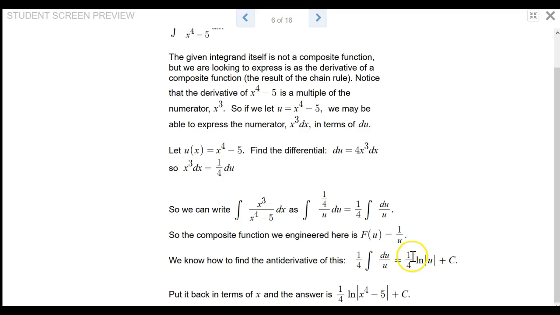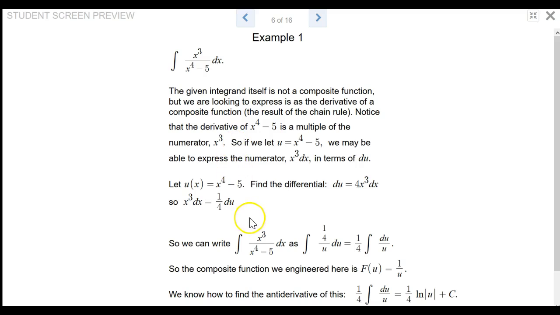That is 1/4 ln of u plus c. So putting it back in terms of x, I get 1/4 ln of x to the fourth minus 5 plus c. So notice that my outside function was actually 1 over u, and my inside function was my substitution, x to the fourth minus 5.